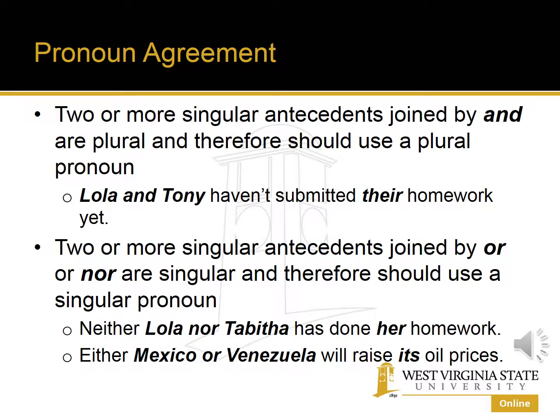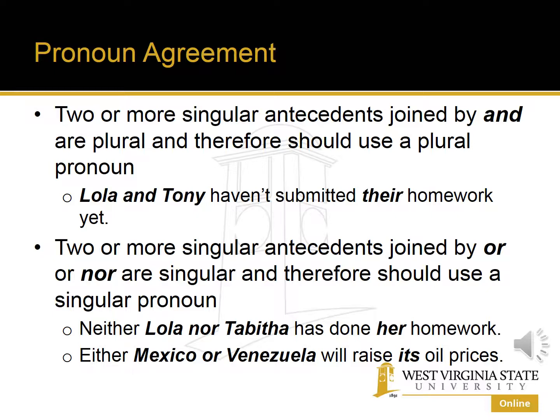Another rule: when two or more singular antecedents are joined by or or nor, then the pronoun should also be singular. The or makes each antecedent independent. So the two combined together with or is considered singular, and therefore we should use a singular pronoun.